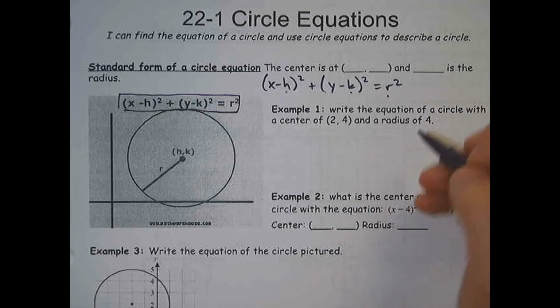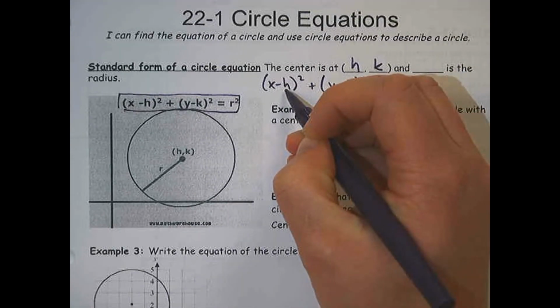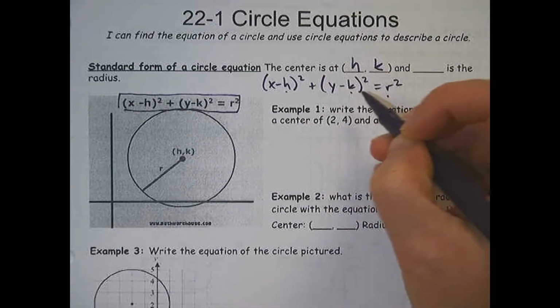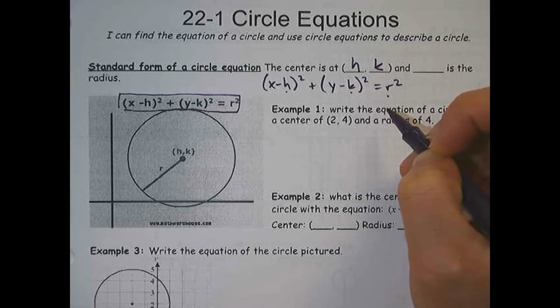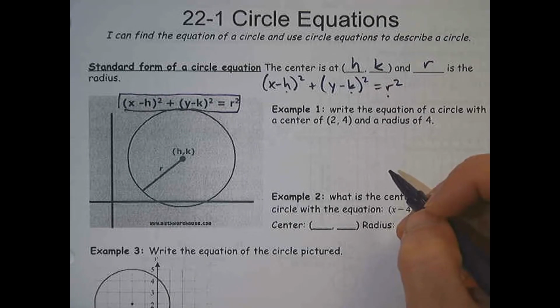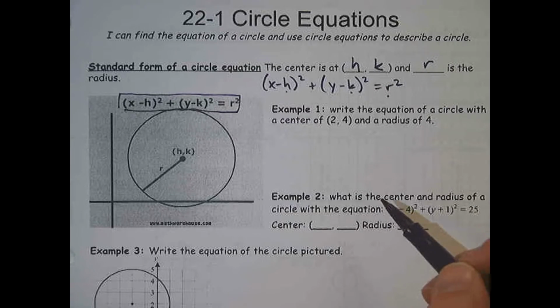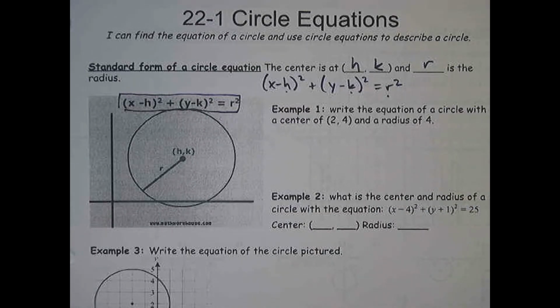So the center of your circle is at the coordinates (h, k). So h is the x-coordinate of your center, k is the y-coordinate of your center, and then r is the radius of your circle. So if you have a center at a certain point, and a radius that you know, you can make the equation for your circle.